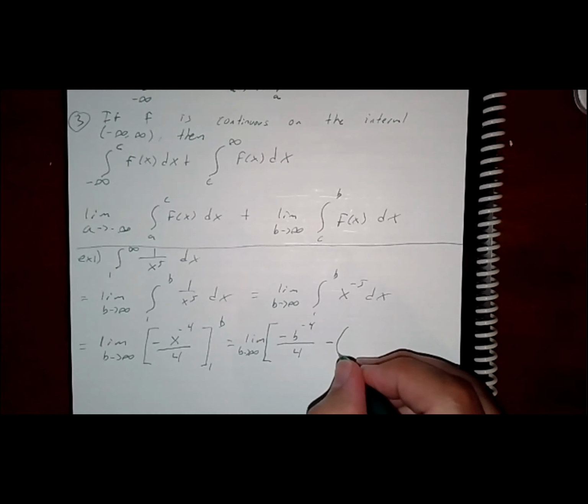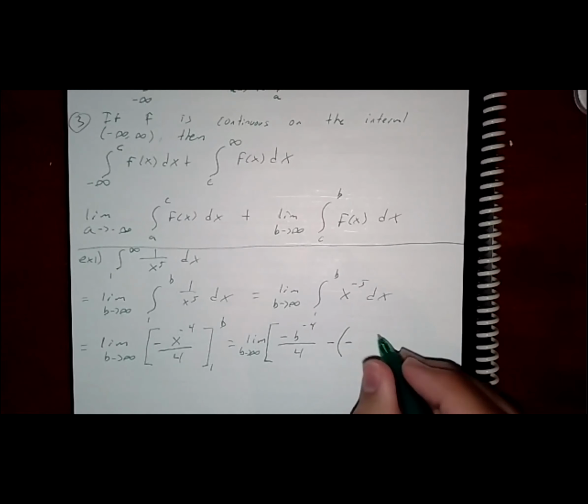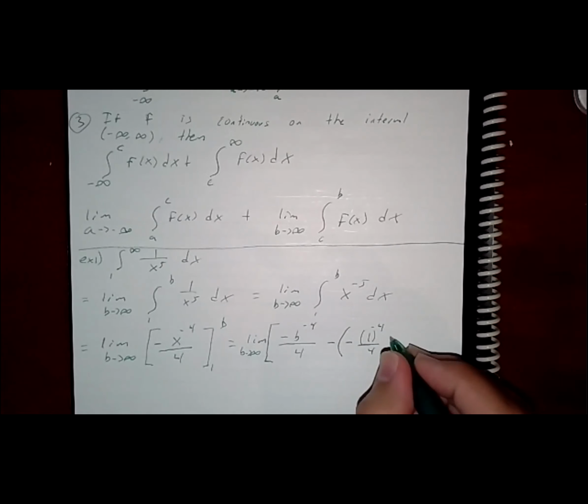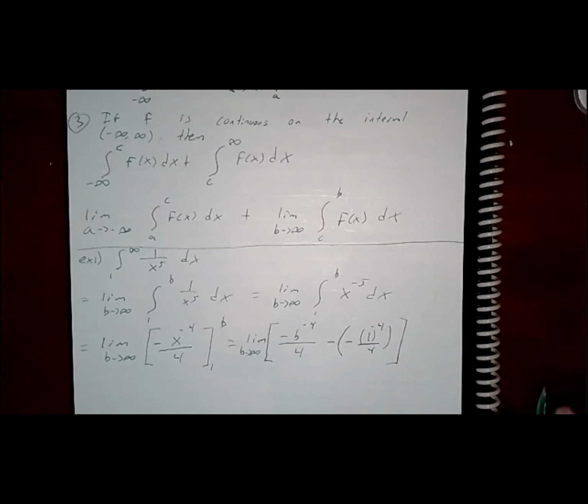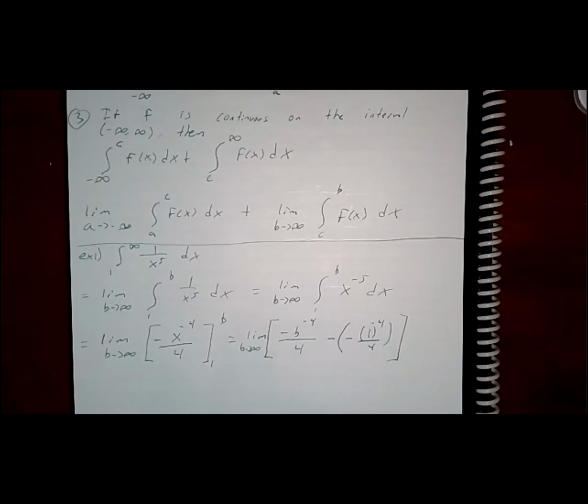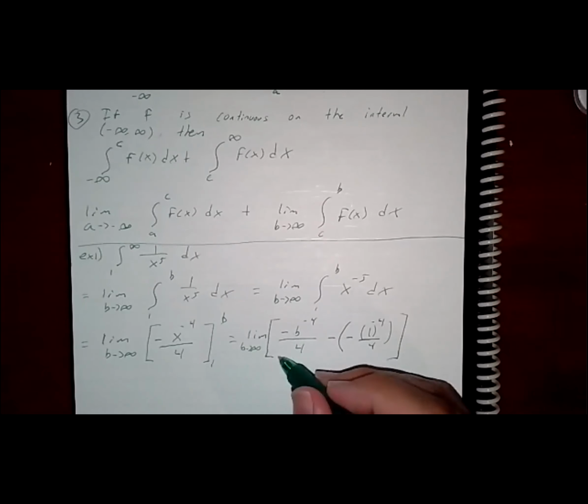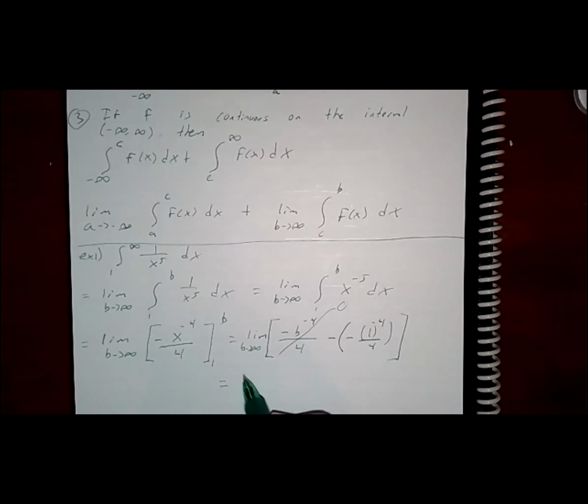So it'll become plus in a moment, 1 to the -4 over 4. So you see this is going to be in the bottom, right? This is a negative power. So in the limit, since this is on the bottom and b goes to infinity, this is going to go to 0. So this zeroes out when you take the limit, which leaves you with a 1/4.